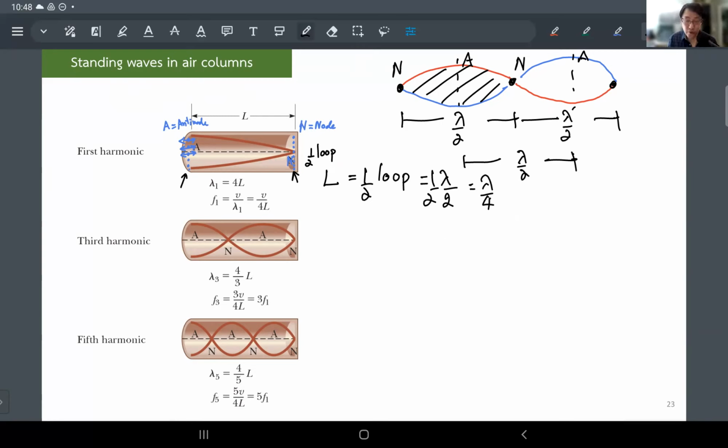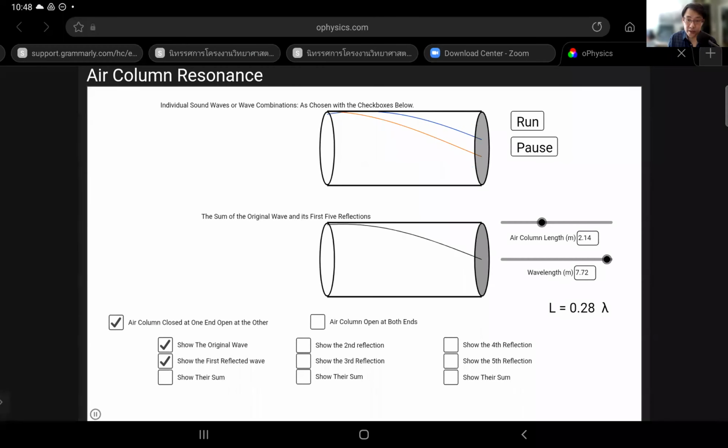And just to prove that this is good, I can actually bring you back here. You notice this? You look at the column, the air column there is 2 meter. And the wavelength that you are looking at over there is about 7.7, even though it's not perfect just yet. But that's about lambda over 4.